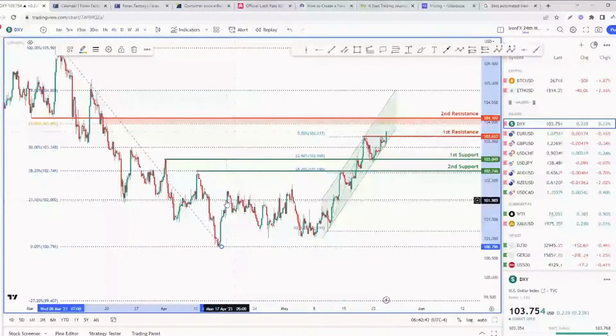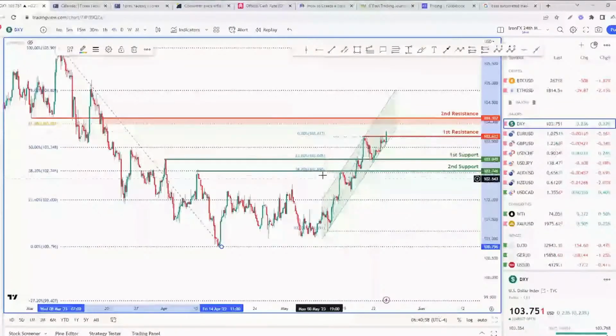It served this for a period of time from mid-April all the way till mid-May, almost about 3 to 4 weeks, before price finally broke through this level. The next level of resistance would have been at 38.2%. Yet again, it found some resistance at this level, pulled back, before finally emerging to break through this level and go higher.